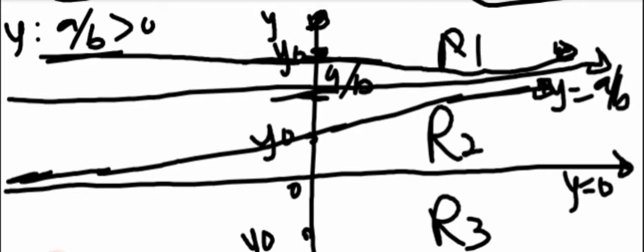Now the last region, we are almost done sketching. So I have y less than 0. You can see that this is below 0. Case 3: y naught is less than 0. So what does this mean to you?